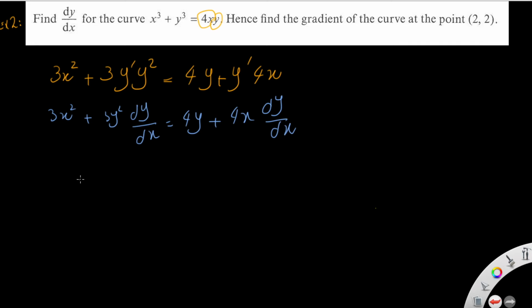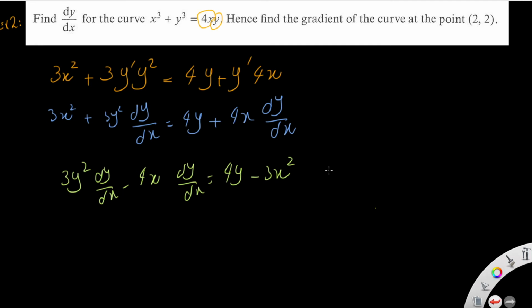I transfer 4x dy dx to the left hand side, 3y squared dy dx minus 4x dy dx is equal to 4y minus 3x squared.